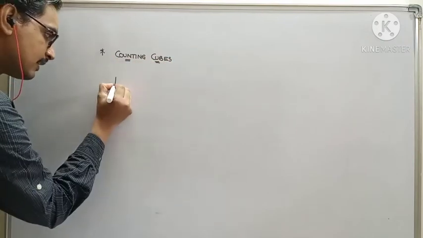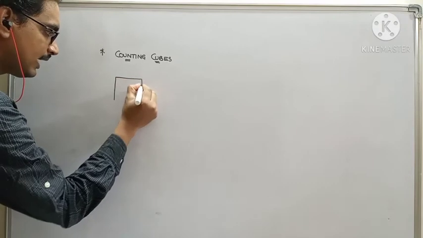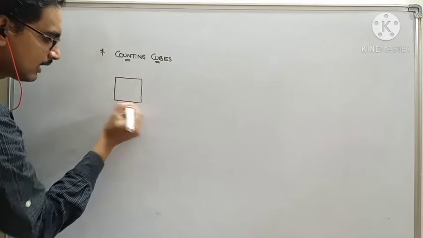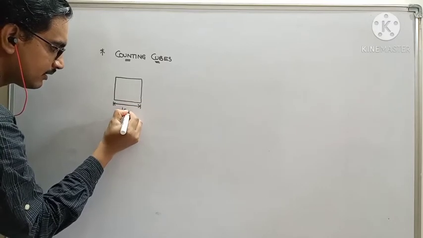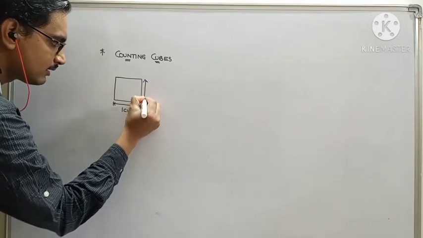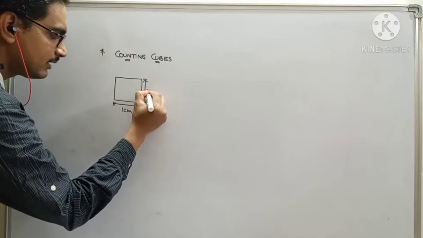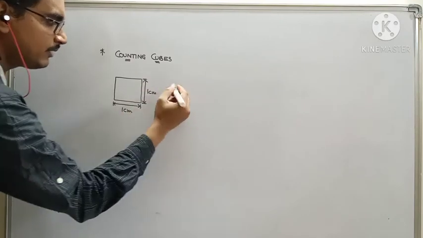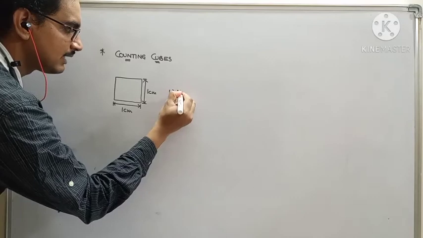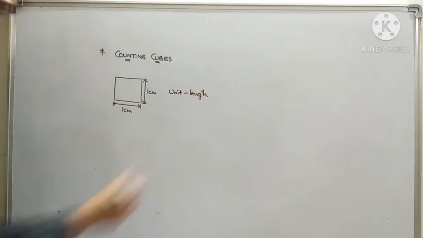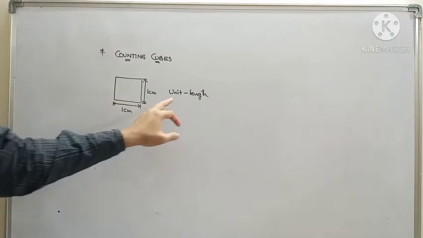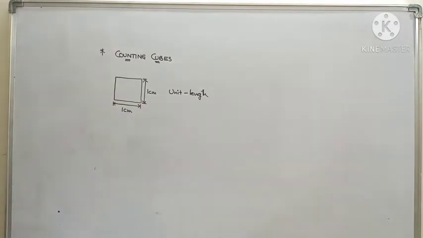First thing is, whenever you take any square like this, and if this length is 1 centimeter and this breadth also, or the side, is 1 centimeter, okay, this 1 centimeter we call unit length. So whenever in any discussion or in any question, whenever you see the word unit length, it is pointed to the length of 1 centimeter. 1 centimeter.